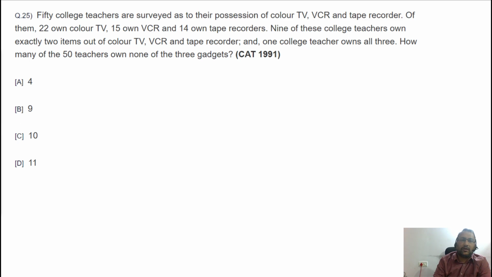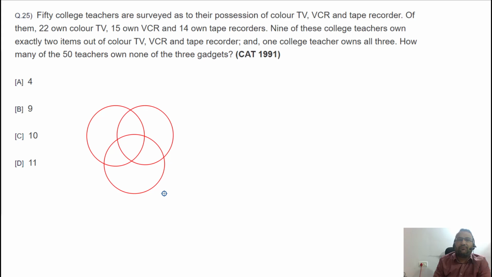If you read the question carefully, you will come to know that there are 3 sets. The question says that 50 college teachers are surveyed on their possession of a color TV, VCR and tape recorder. So in total there are 50 teachers. 22 of them own a color TV, 15 own a VCR and 14 own a tape recorder.